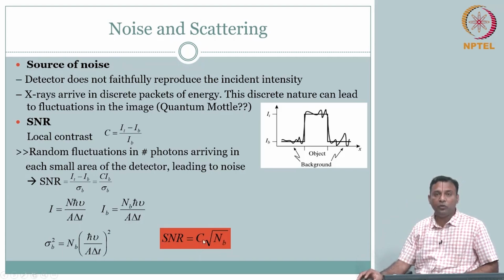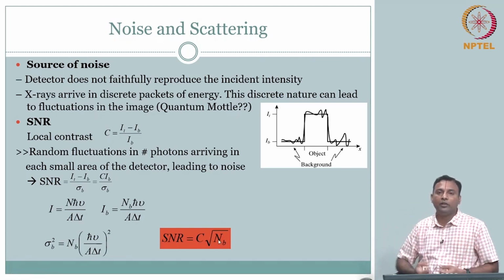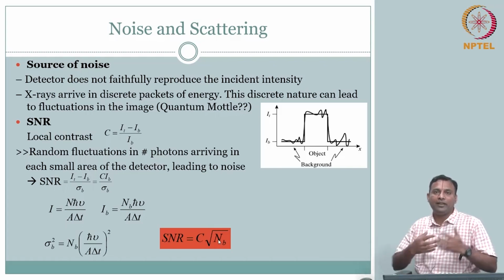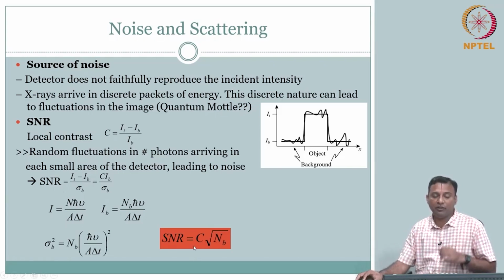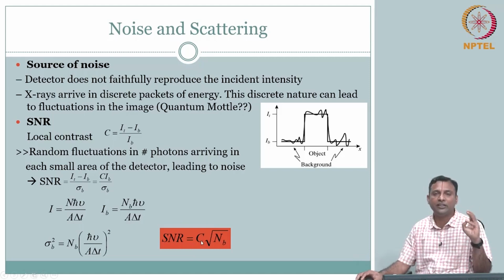So if I try to use low energy to increase C, my NB will go down, the number of photons coming out will go down, because there will be a lot more attenuation, it will be attenuated fully, it will not come out, a lot more interaction. So nothing is straightforward, that is the fulcrum. You need to understand that nothing is a one-way street. This is the challenge that you will face. We talked about, oh, I understand the image quality, I can characterize the signal to noise ratio, now I know the physics, I know the instrumentation.